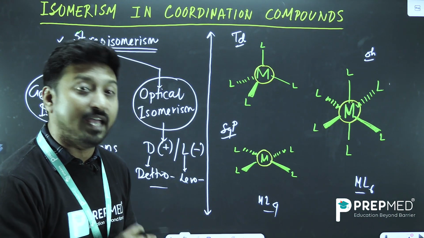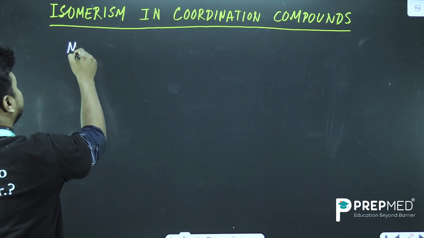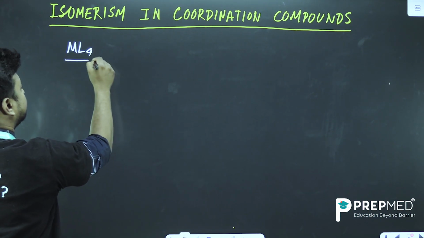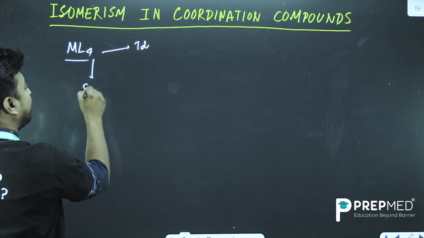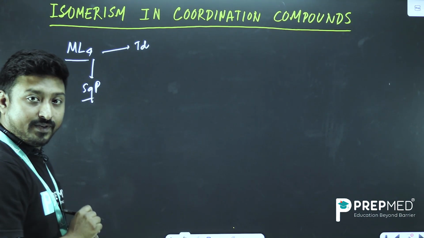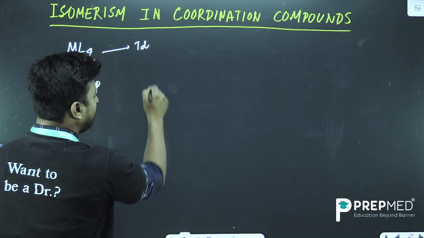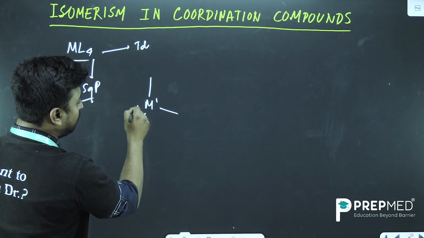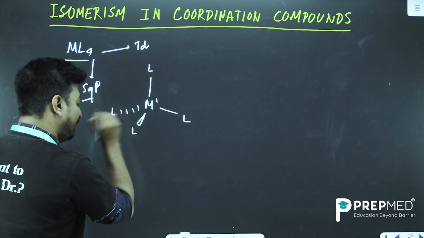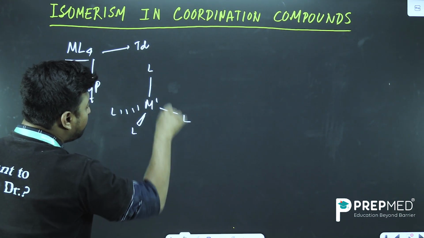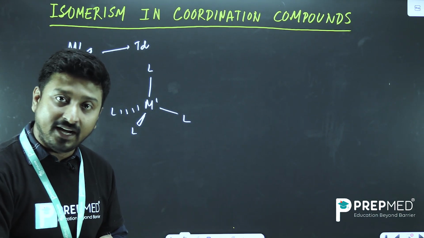So let's see what happens to the ML4 complexes. Now see, if we draw a general structure of an ML4 complex, it either has to be a tetrahedral molecule or a square planar molecule, right? So the tetrahedral molecule will look like this. If you see very clearly, this particular molecule will not show any kind of geometrical isomers, right?